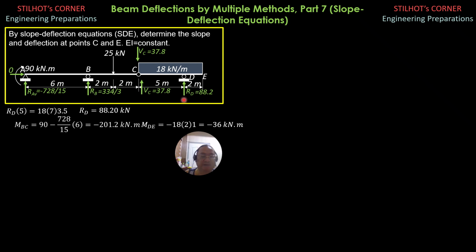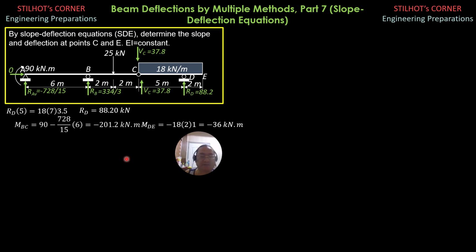For exterior spans, where the moment at the far end is 0, moment near is equal to 3EI over L, quantity theta near minus delta over L, then plus fixed end moment near minus 1 half fixed end moment far.